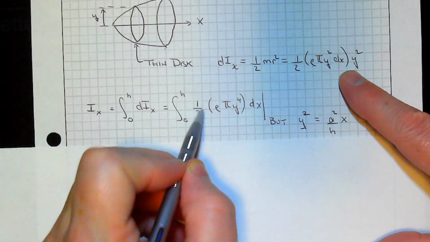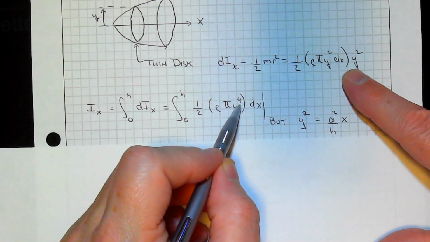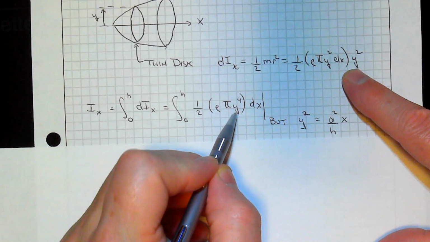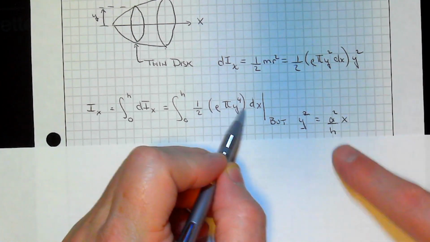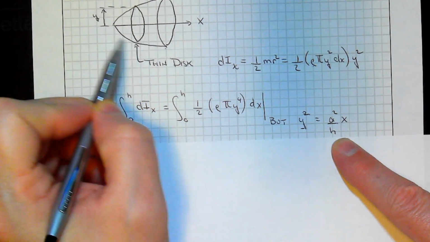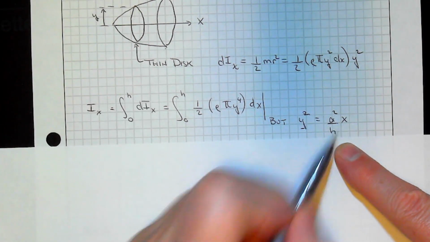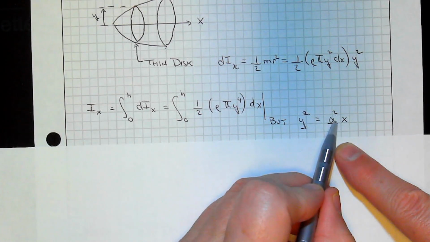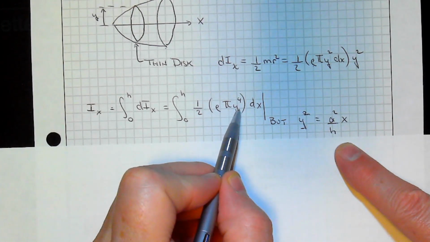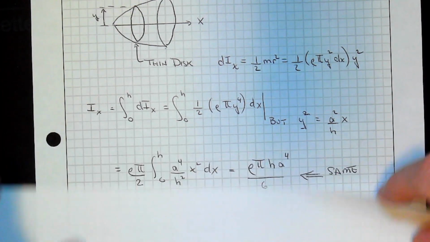I have 0 to h, 1/2 rho, I multiply this out, pi y to the 4th. I need to put y in terms of x. But this was the original equation along the xy plane: y squared equals a squared over h times x. So I'm going to stick this in there. That'll be a to the 4th over h squared, x squared.